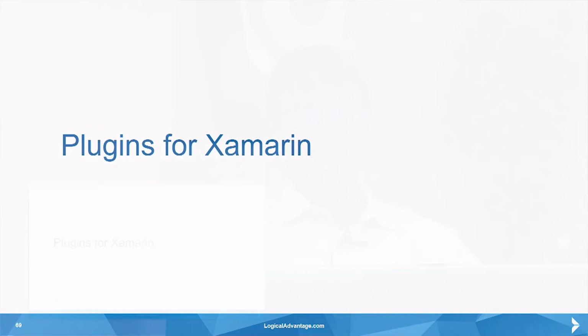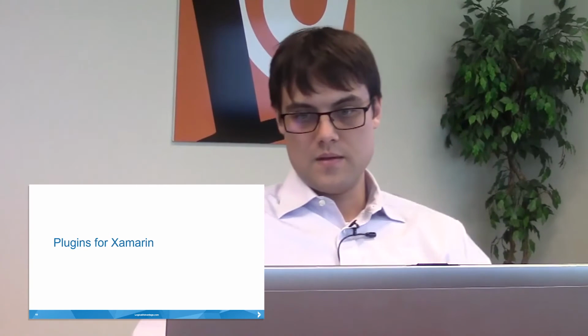A unique aspect of Xamarin Forms is the abstraction over the user interface. But you also have platform-specific functionality that you might want to add, and that's where plugins come in. So you have your shared C# backend, but then for iOS or Android or Windows Phone, you might have a particular feature that you want to add to your UI for that device.